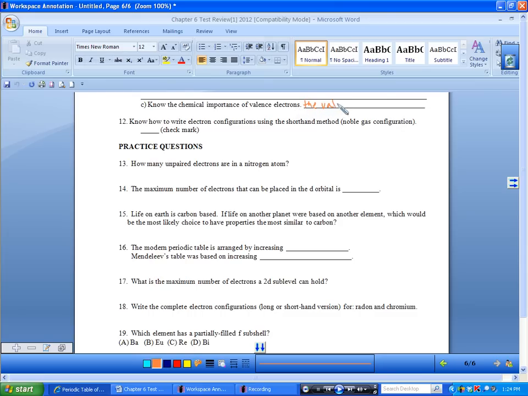Valence electrons are the electrons that participate in bonding. So they determine how reactive an element is going to be. All right, I'm going to stop there and end this recording and then come back and do number 12.